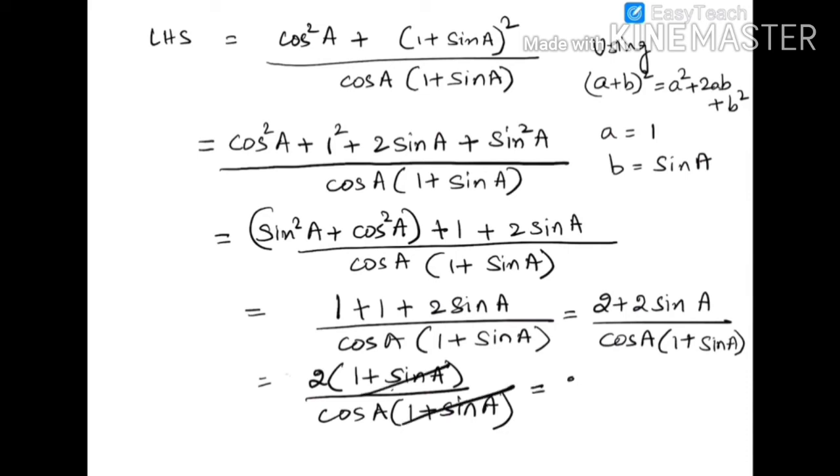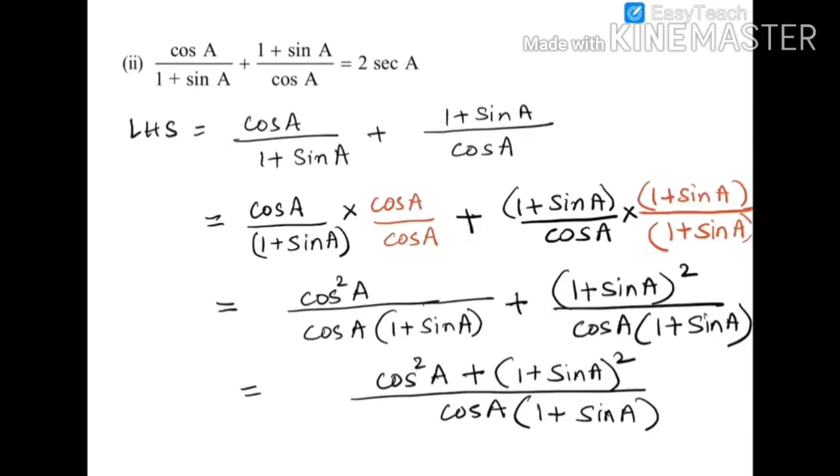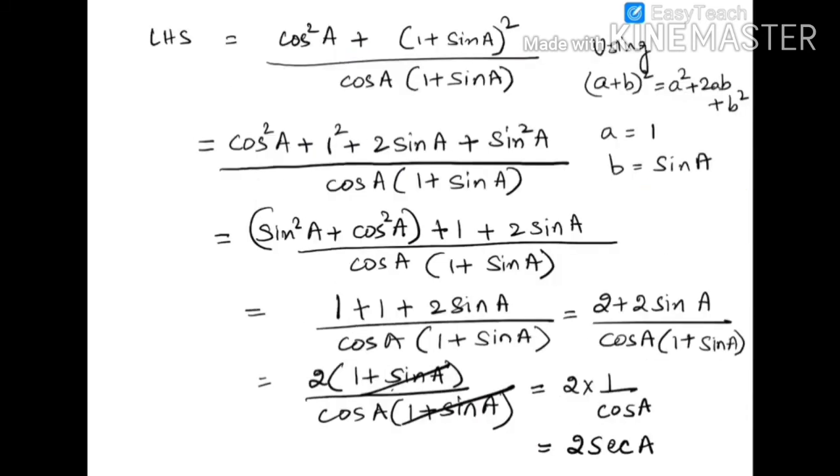We are left with 2 into 1 upon cos A. And we know that sec A is reciprocal of cos A. So we can write this as 2 times sec A. And this is what we have to show. Thus, left hand side is equal to the right hand side. And the identity is proved.